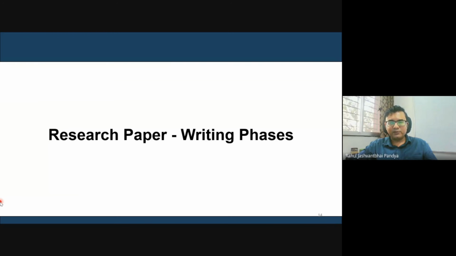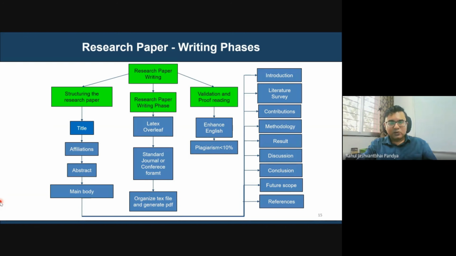There are multiple phases in writing the research paper. Research paper writing is a marathon event. It goes on continuously until it is published. So we have to understand the structure of a research paper first.